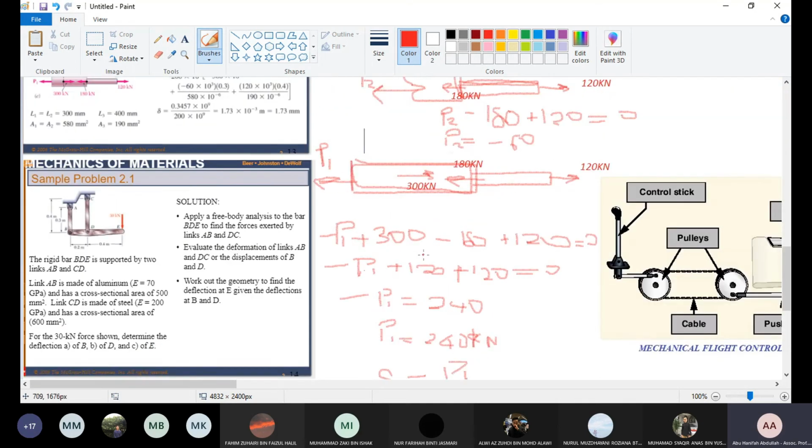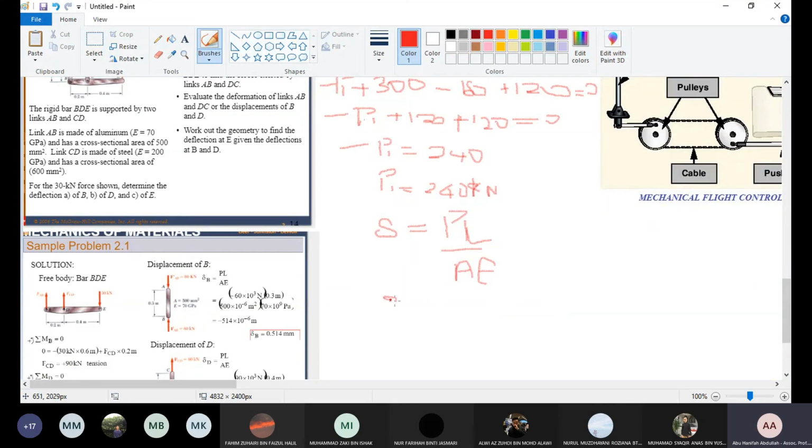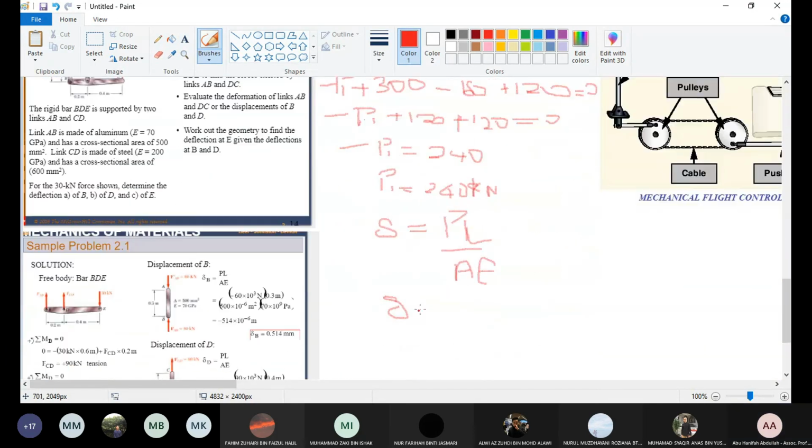I can use this equation. So you can sum up, which is the summation of P1 L1 over A1 E, where E is constant. So far, any questions?